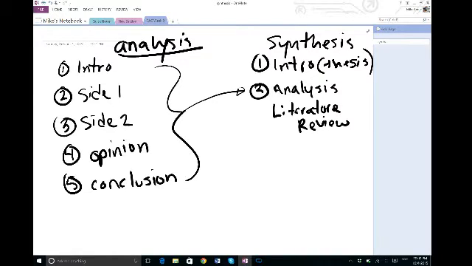Whenever you're doing the literature review, you're basically giving everyone a snapshot and a summary of what's been happening in your field in the last 5 years. And that's more or less what the literature review is. Now, in this analysis, you are explaining what you've already come across in the analysis essay, kind of summarizing it.